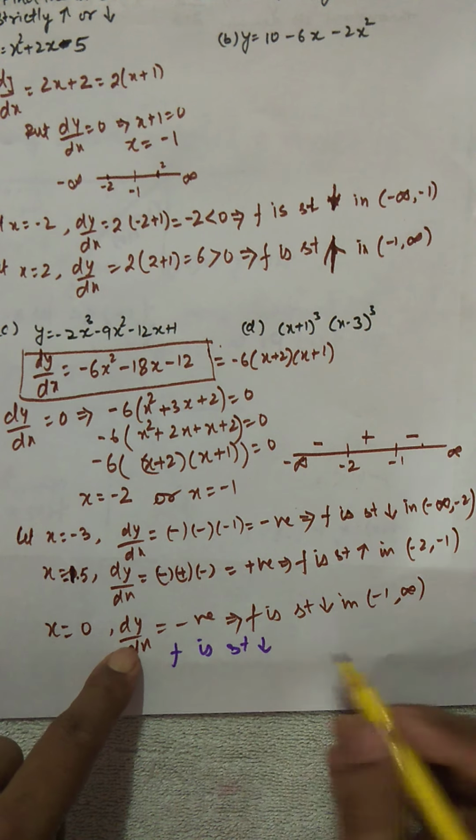Now, as usual, we will find dy by dx. So dy by dx will be 1/(1 + x), and then you can apply the quotient rule. According to this, (2 + x) whole square, I have taken 2 out, and this will be 1. Then you take x, and the derivative of 2 + x will be 1.